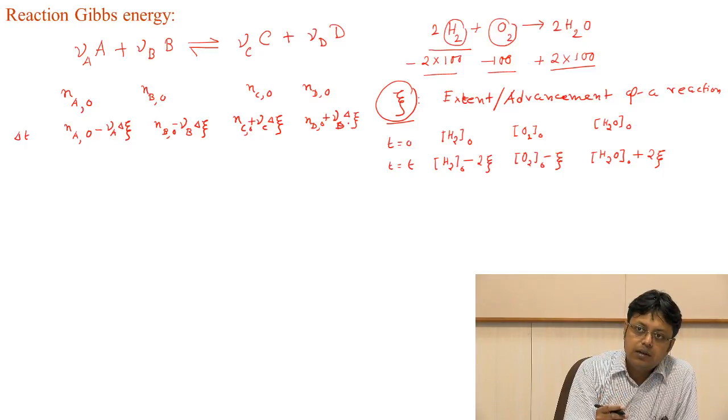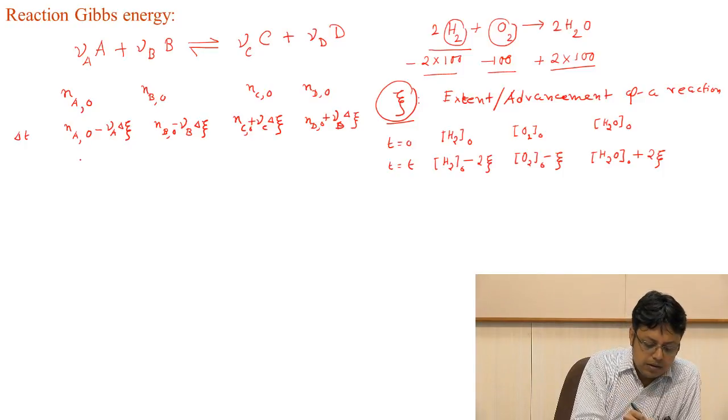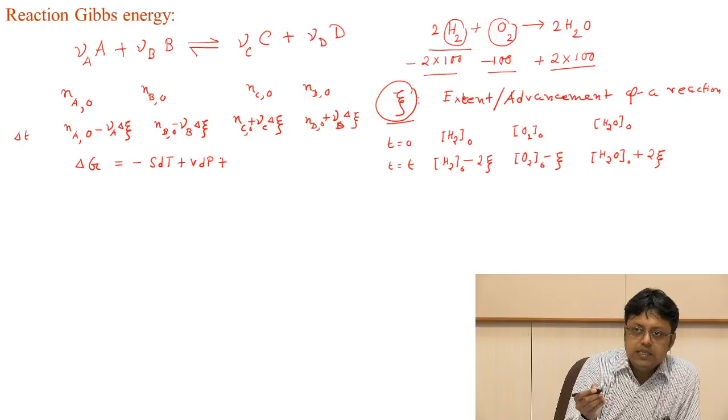The quantity we are talking about is the Gibbs free energy, which we write as delta G. We already know that dG is minus SdT plus VdP plus the sum over mu I dni.